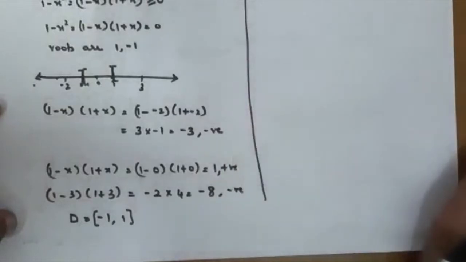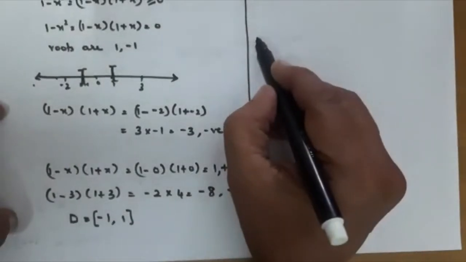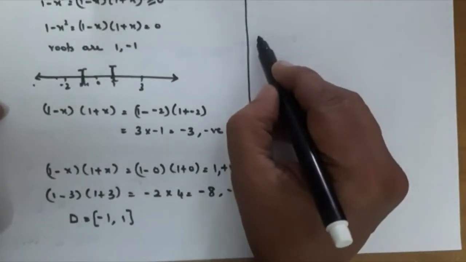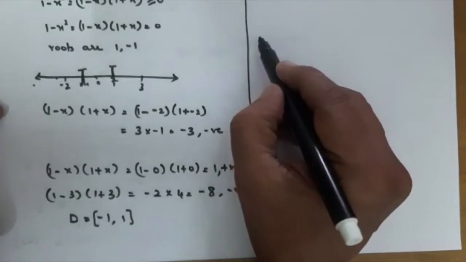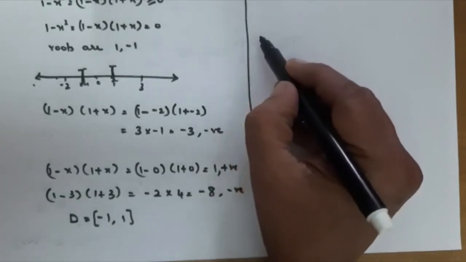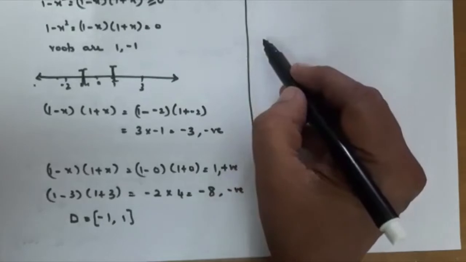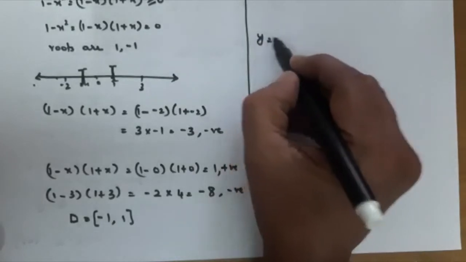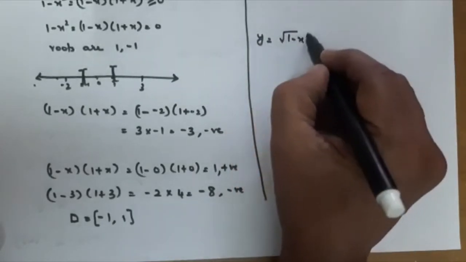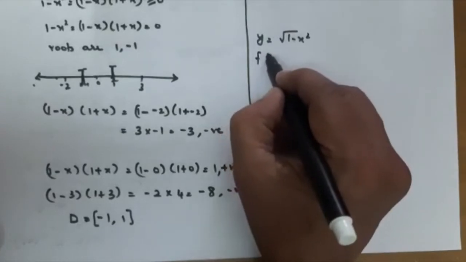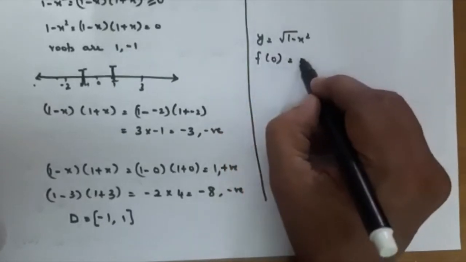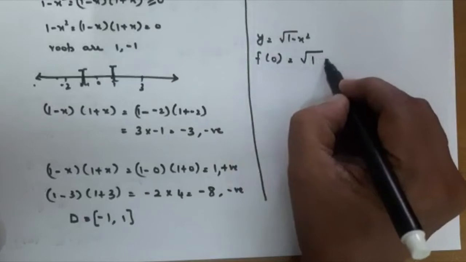Now, let us think about the range. Range means it is the set of all images, or set of all answers. You consider the function y equal to root of 1 minus x square. What is f of 0 here? f of 0 equal to root of 1 minus 0, that is root 1.